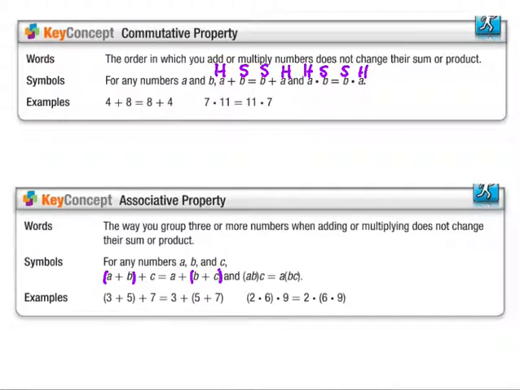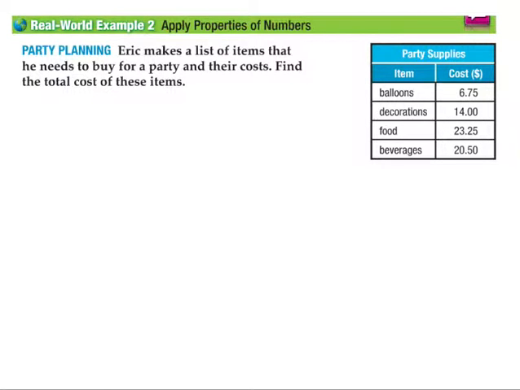So let's go ahead and look at this next statement. It says, Eric makes a list of items that he needs to buy for a party and their costs. Find the total cost of these items. So what am I going to do with all those? Add them up. Okay, so let's go ahead and add 6.75, 14.23, 25.20, and 50. What do I know when I add these two together? What do I get?